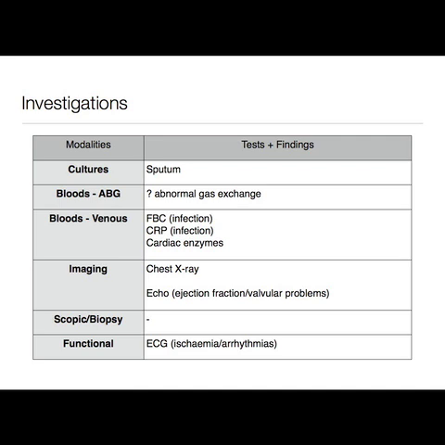You should almost certainly also do an ECG to look for signs of ischemia or arrhythmias that might have precipitated the failure. It's also prudent to eventually do an echo to check the ejection fraction and look for any acute or chronic problems with the valves.